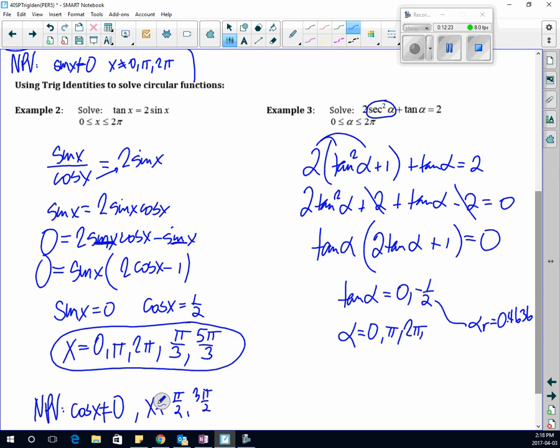So pi minus that answer. So I get 2.6779. Yes? Okay, and what was the nice little thing about tan? That the other answer is always pi around. So if I take that 2.6779 and add pi, I'll get my other answer, which is 5.8195.